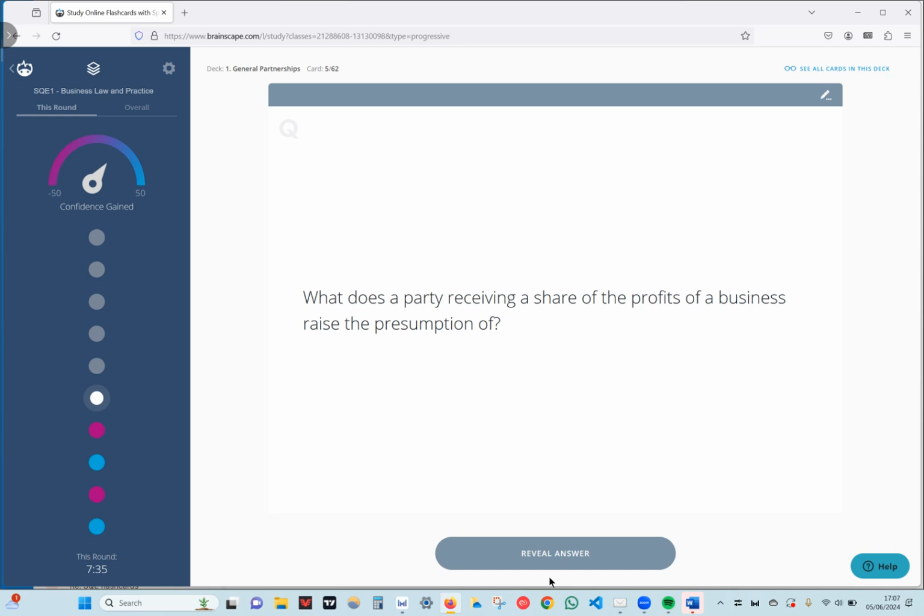Because the quicker you can recall a rule of law in the exam and answer a question, you get about a minute 40 per question. So the quicker you can recall the rule of law and pick out the right answer and move on, the more questions you can do in less time.